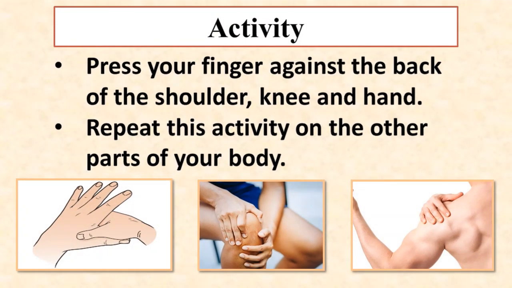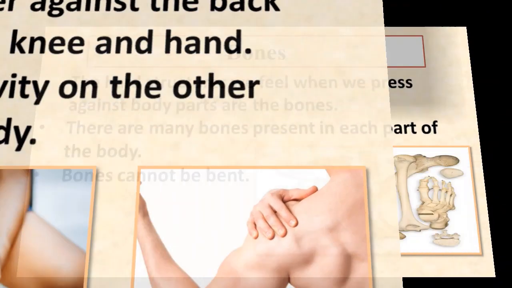To know more about bones, let's do an activity. For that, press your finger against the back of the shoulder, then against the knee and hand. Repeat this activity on the other parts of your body. Do you get a feel of something hard pressing against your finger?